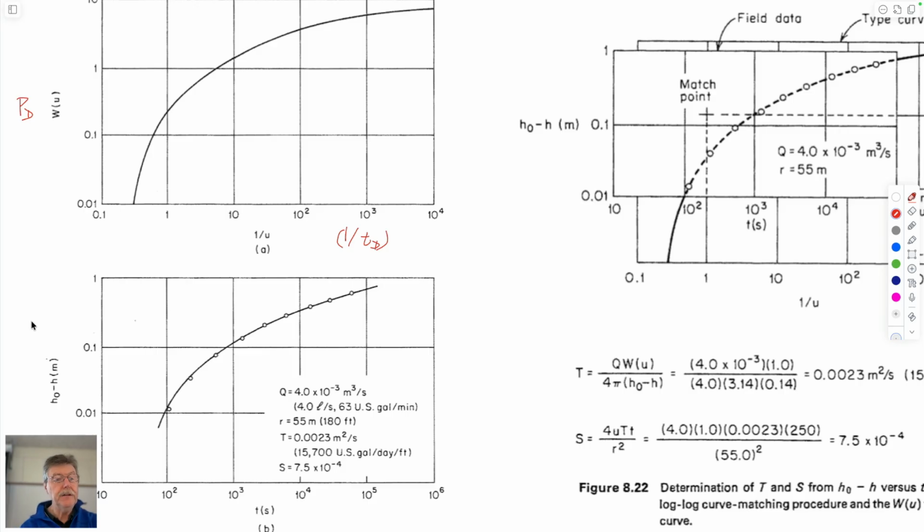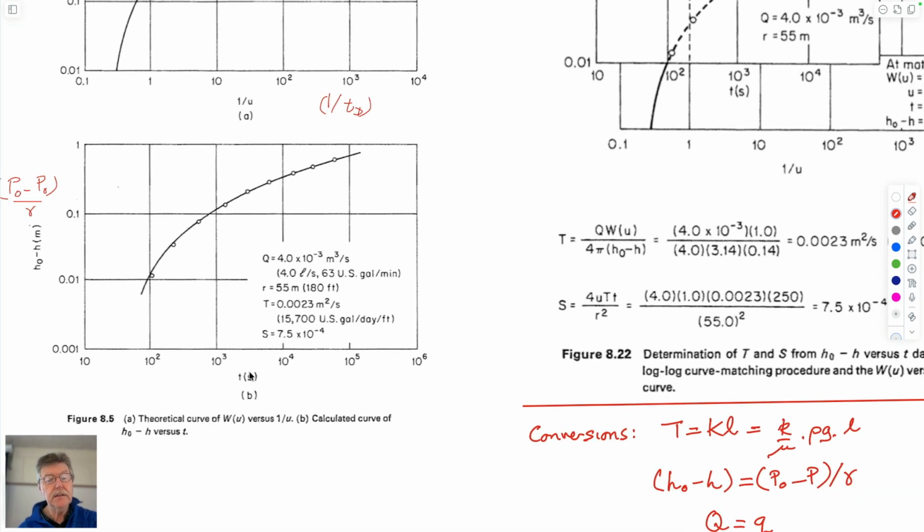And if you plot your field data as pressure divided by unit weight, that gives you an equivalent head in meters, and you plot it against time.